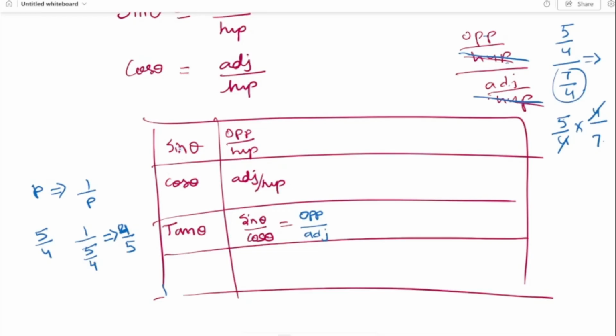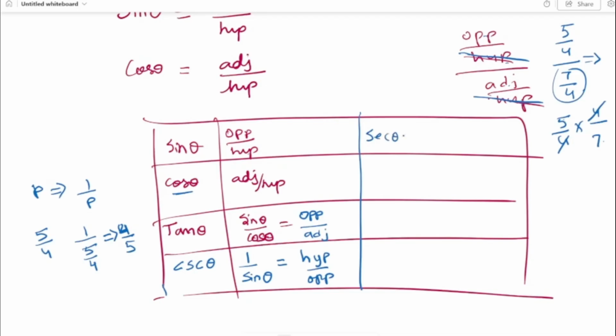So they gave a fancy name for reciprocals too. Reciprocal of sine theta is called cosecant theta. Cosecant theta is 1 over sine theta, which is equal to hypotenuse over opposite. Likewise, reciprocal of cos theta is secant theta.